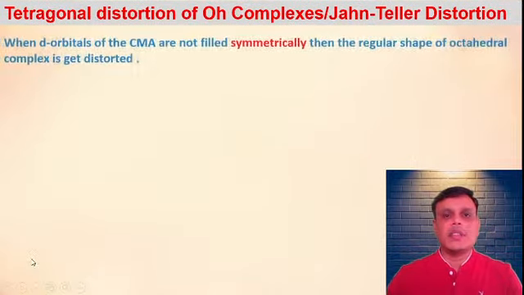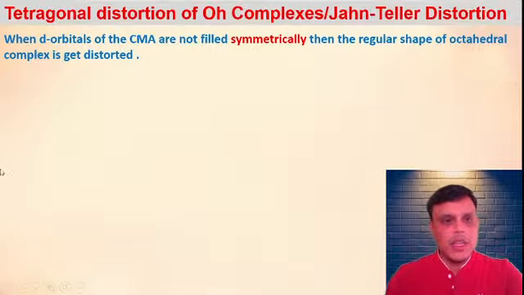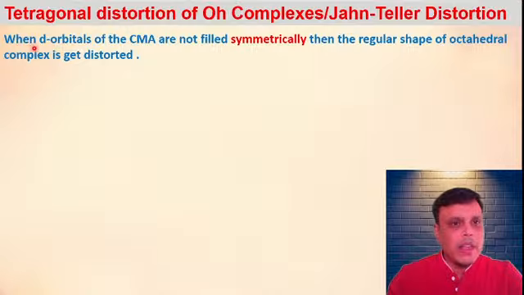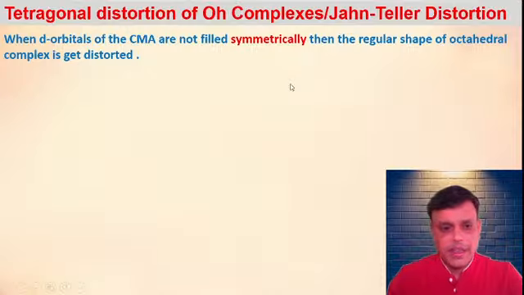Okay, so when this distortion occurs, the first point, see on your screen: when the d orbitals of the central metal ions are not filled symmetrically, then the regular shape of the octahedral complex gets distorted.